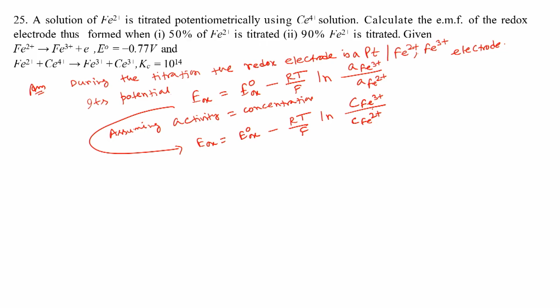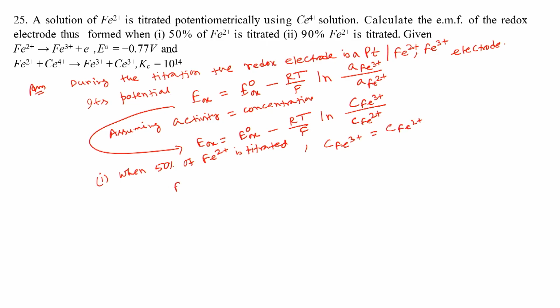Fe2+. Now, when 50% of Fe2+ is titrated, so concentration of Fe3+ will be the same as concentration of Fe2+, right.